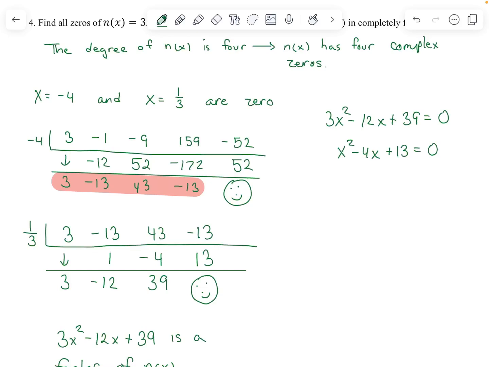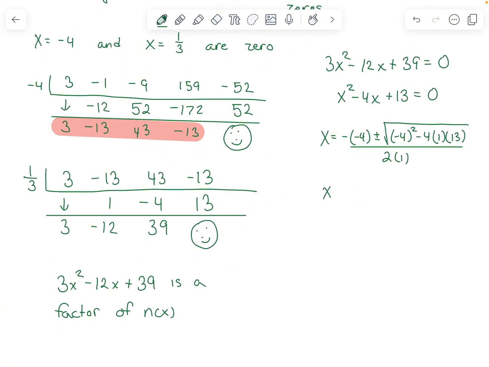This trinomial does not factor, so I'm going to have to use the quadratic formula. So we have x is equal to -(-4) plus or minus the square root of (-4) squared minus 4 times 1 times 13, all divided by 2 times 1.